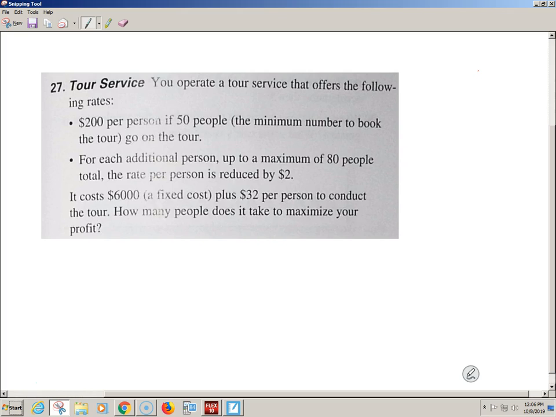I got 6,000 plus 32x. Yeah. Oh yeah, I'm right. Yes. I agree. Oh, 200, you're right. And minus. It's something minus 50.